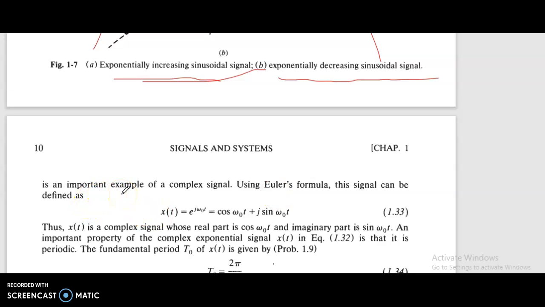It's an important example of a complex signal.